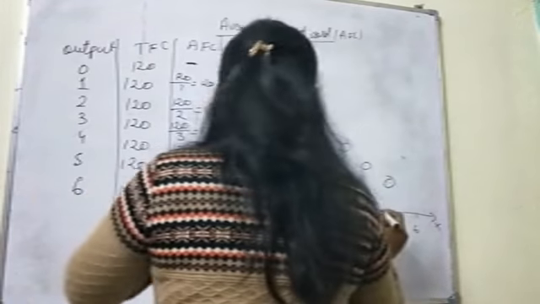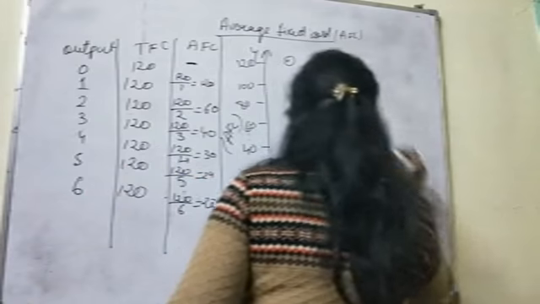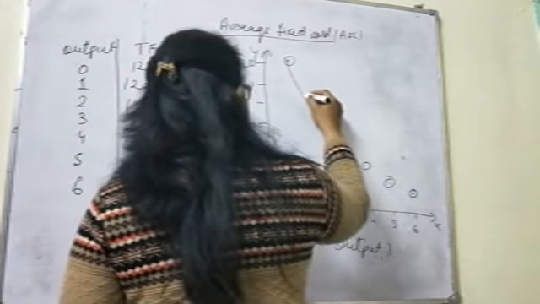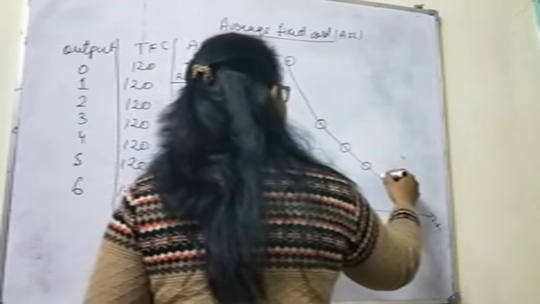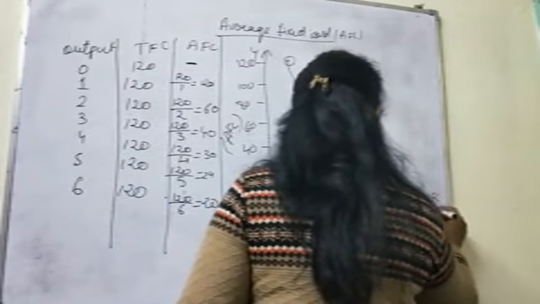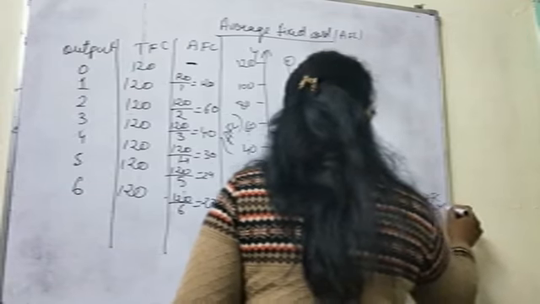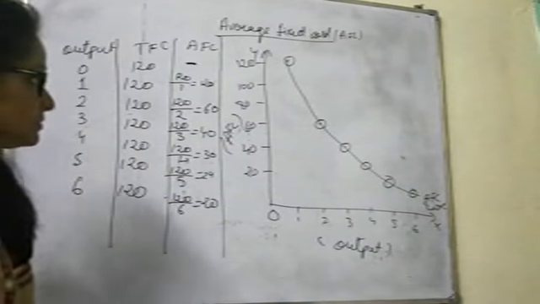And at 6 it is 20, it will be somewhere here. We'll join. This is your AFC curve. Is it clear? Now see, all of you draw the AFC curve.